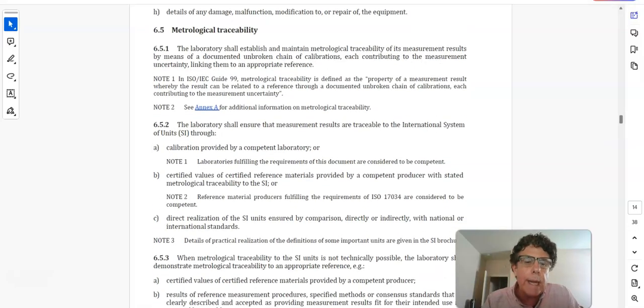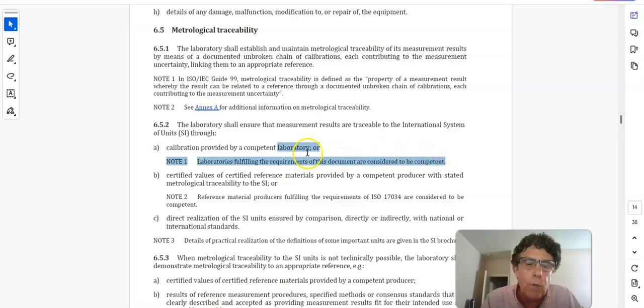So you can ensure that measurement results are traceable to the International System of Units through A, calibration provided by a competent laboratory. This is your ISO 17025 calibration laboratory. You'll notice Note 1, calibration laboratories fulfilling the requirements of this document, meaning ISO 17025, are considered to be competent.